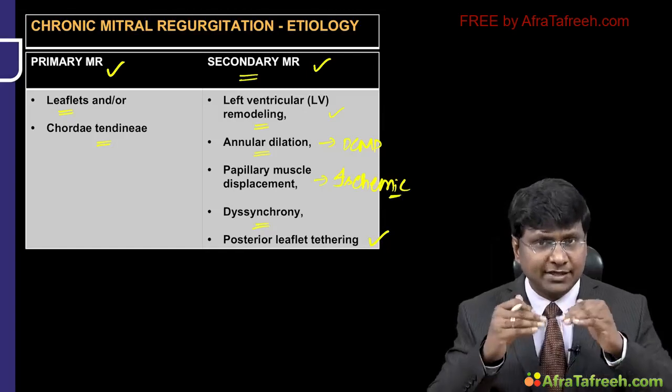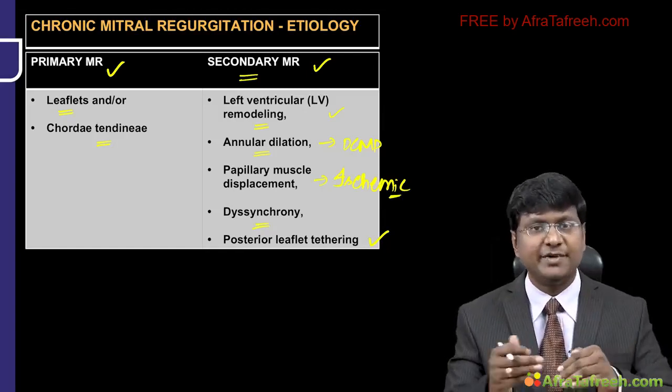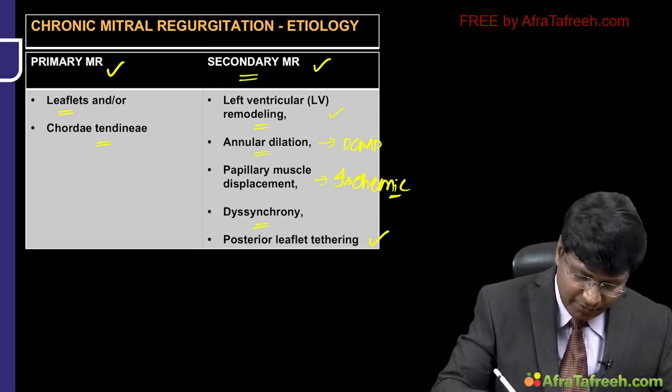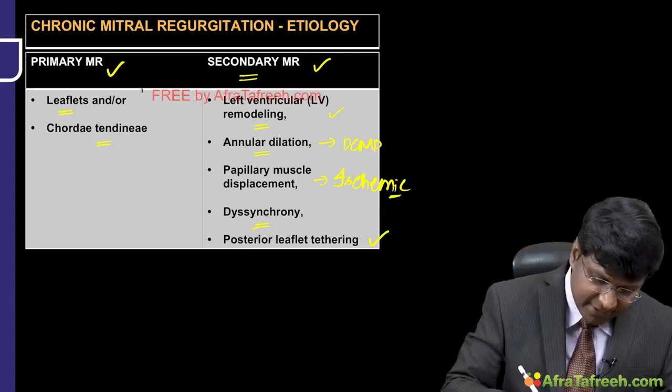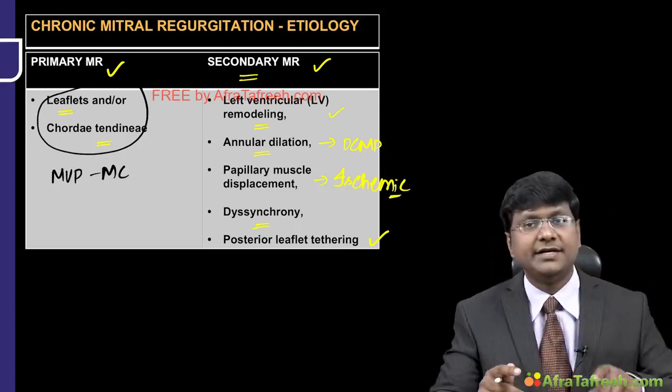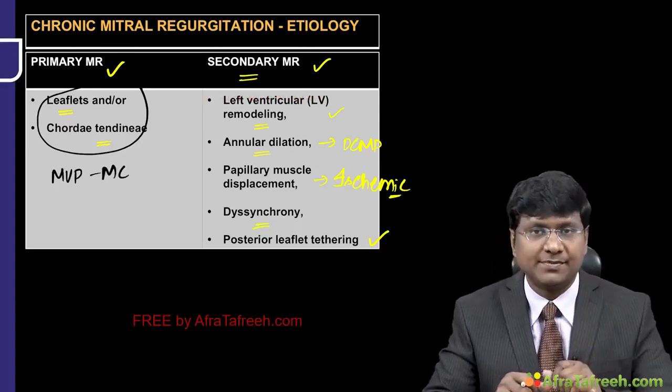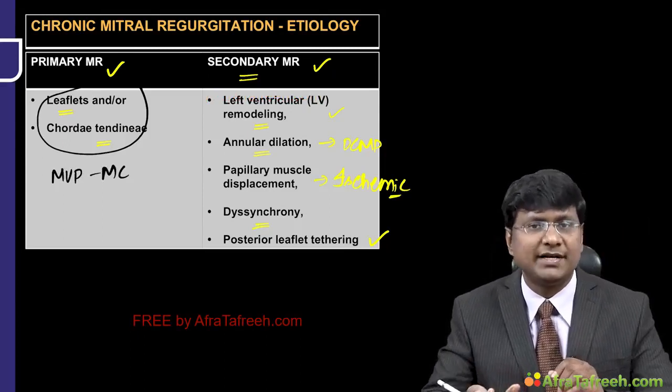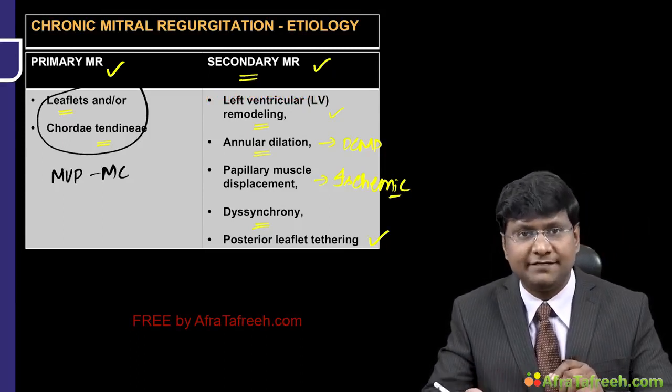But what exactly are the true etiologies causing primary or secondary MR? Take primary MR. The most common cause of primary MR is mitral valve prolapse, which is nothing but myxomatous degeneration of the mitral valve leaflets.